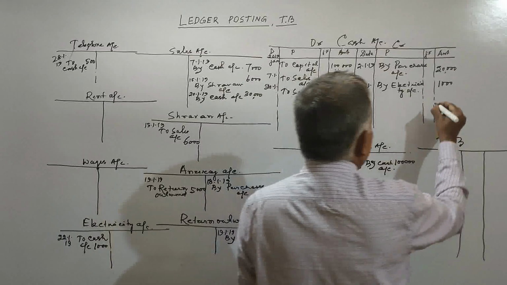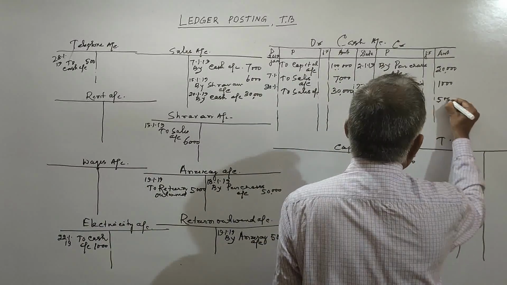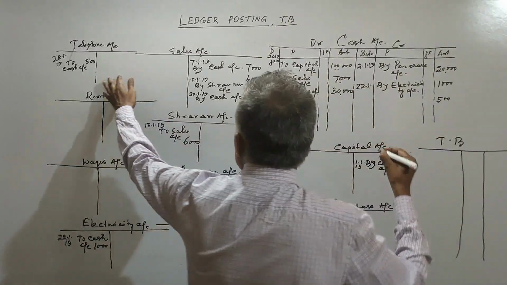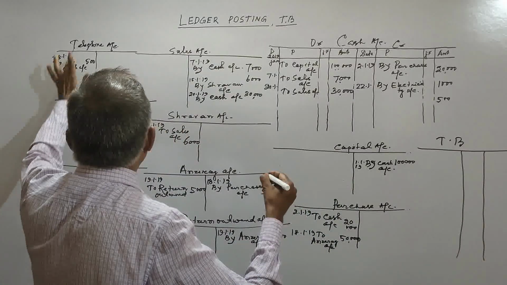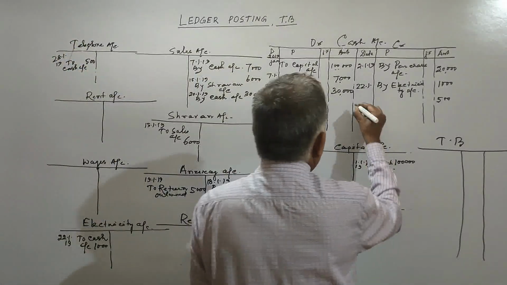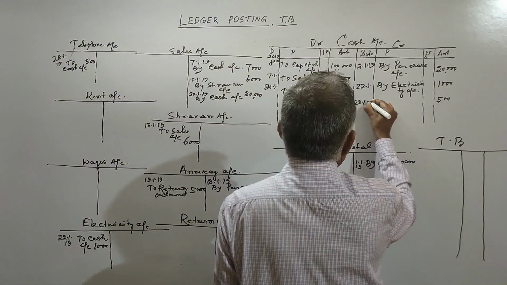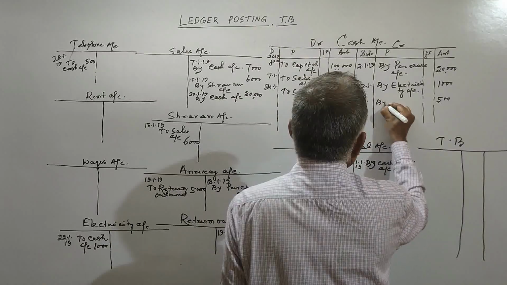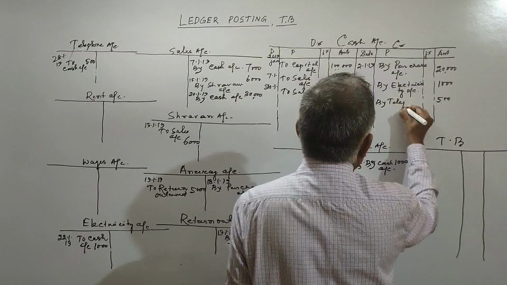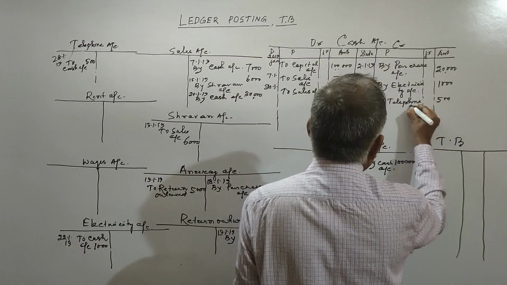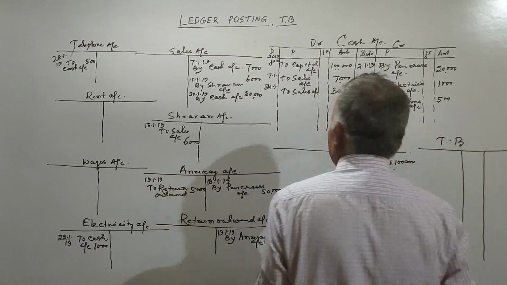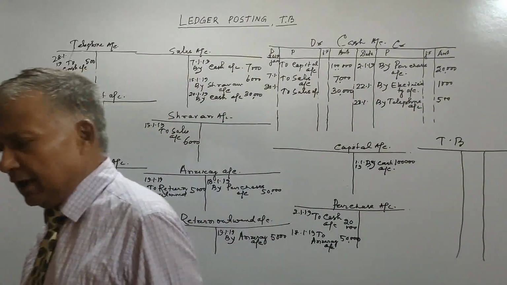In cash, write 500, and you write the other account, that is in cash you write the telephone. 28/1 by telephone. By telephone expense account 500.